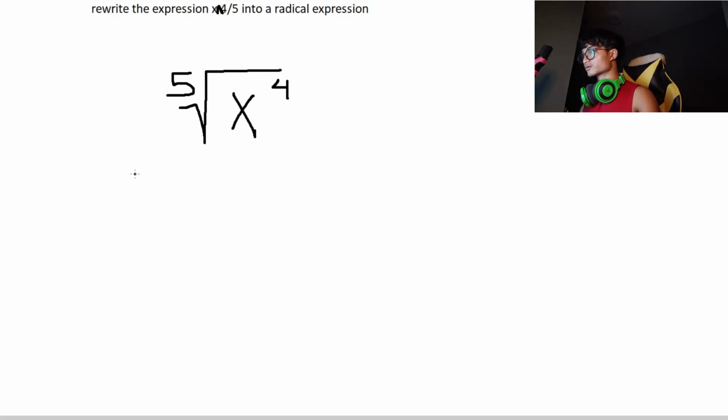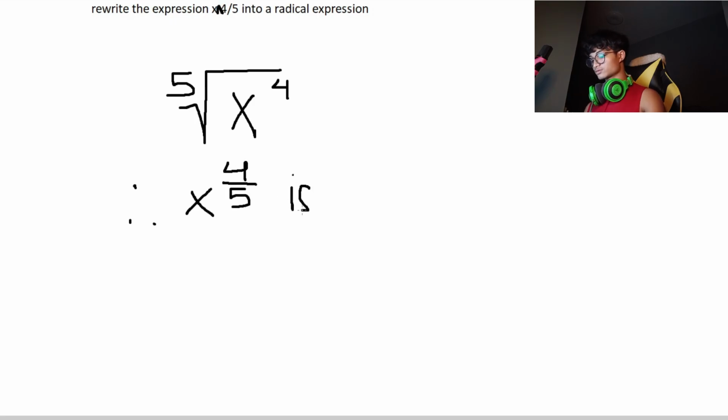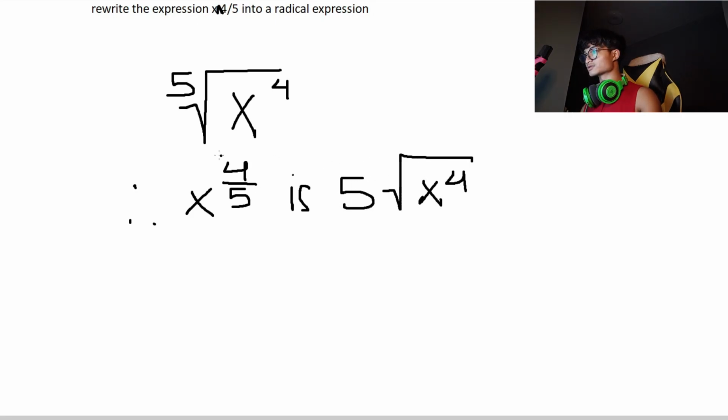So therefore, x raised to 4 over 5, and that is the answer.